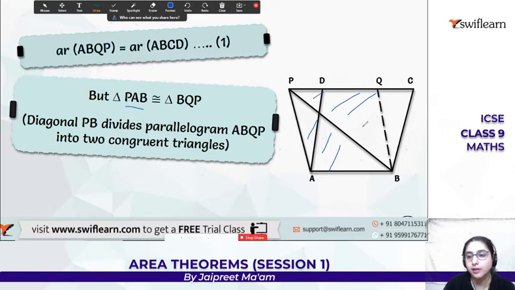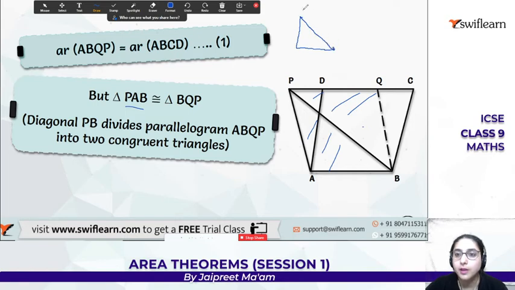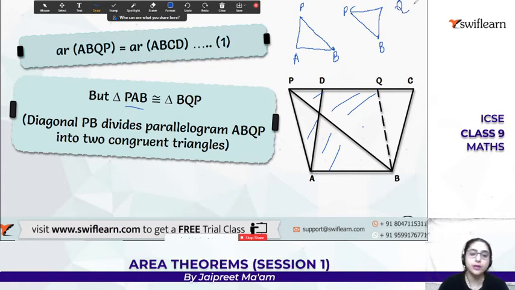So these two triangles look like this. This is one triangle, PAB, and another is like this. This is B, this is P, and this is Q. So we have two triangles.